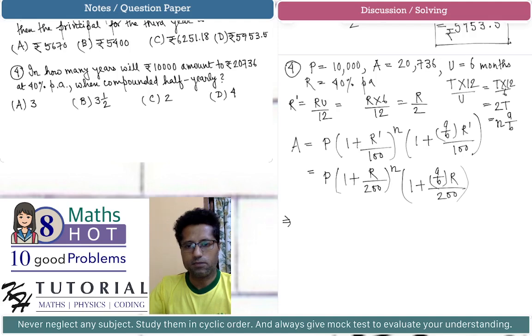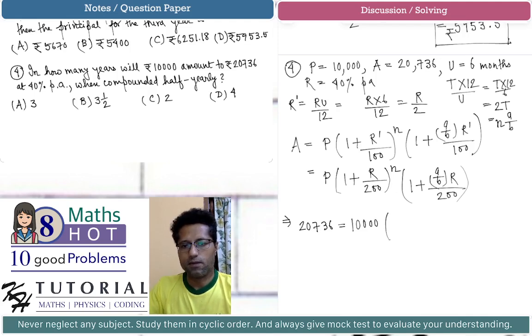The amount is 20736 is equal to, principal is 10000, multiplied by 1 plus R by 200 to the power small n, and 1 plus a by b R by 200. We have this.